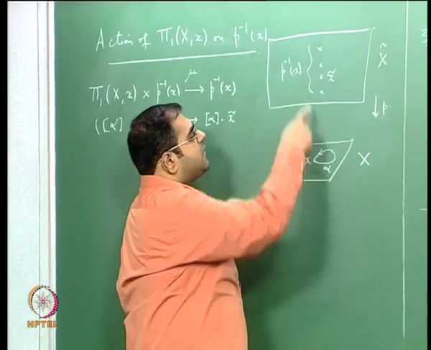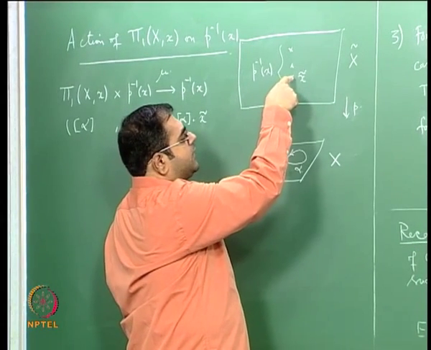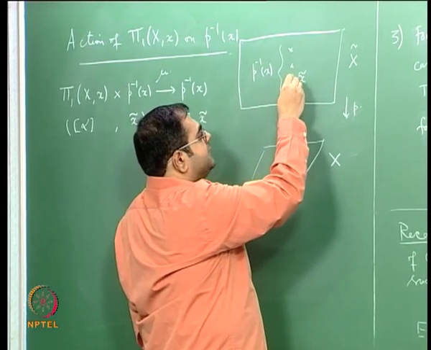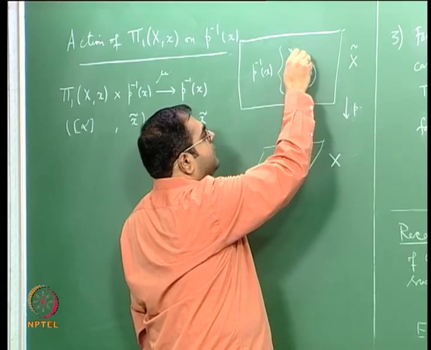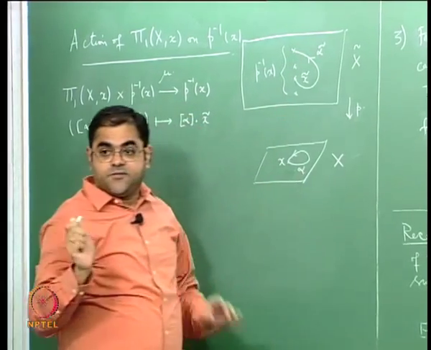So there is a lifting alpha tilde of this loop to a path starting at x tilde, okay. And mind you, if I get a lifting and call that alpha tilde, this lifting is unique.